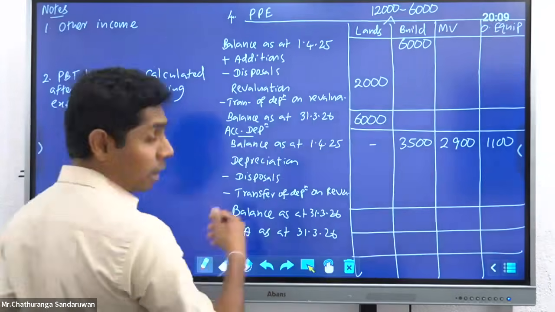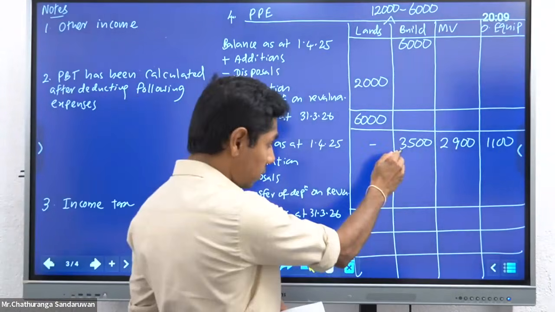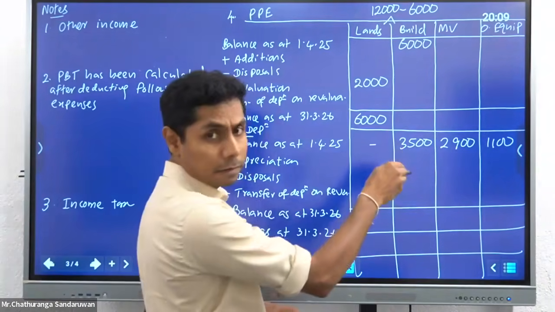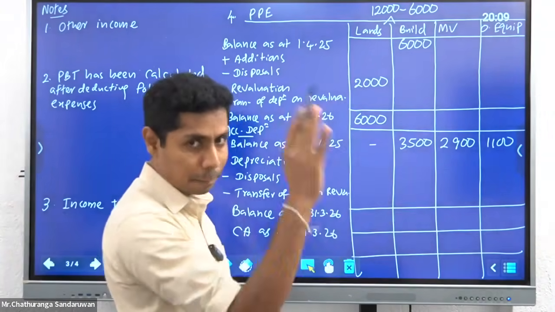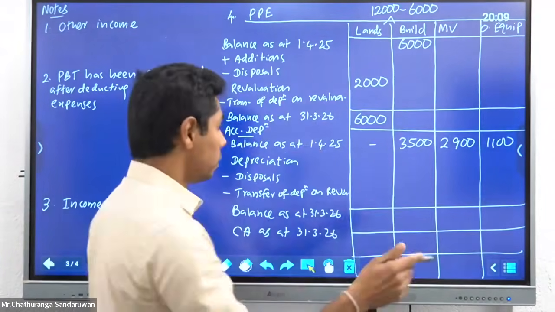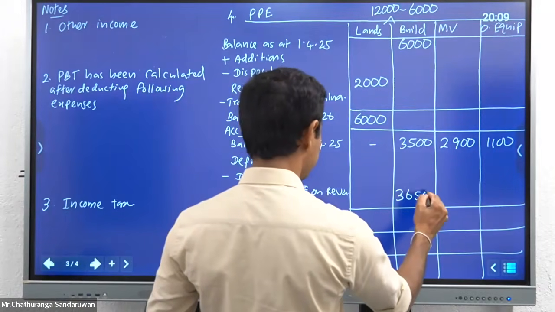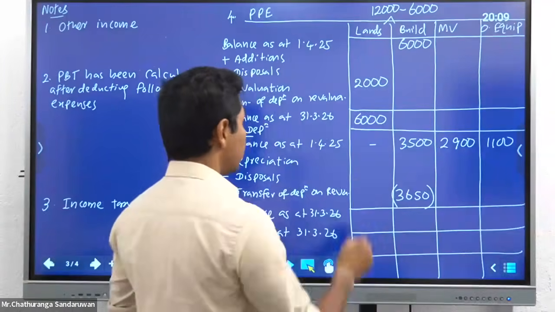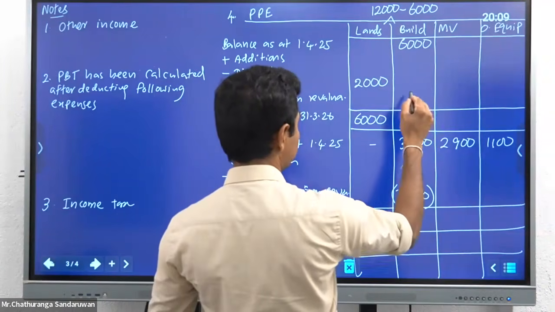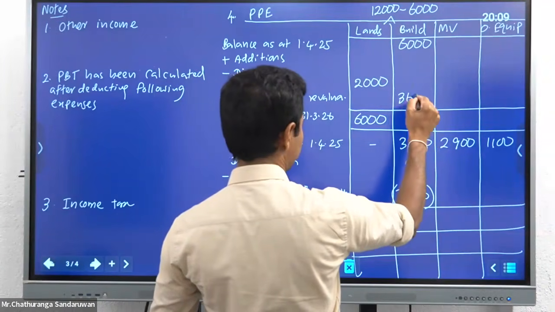Therefore, we have to remove 3,500 plus 150, the accumulated depreciation at the date of revaluation. So that is 3,650, and remove that from the asset as well, 3,650.